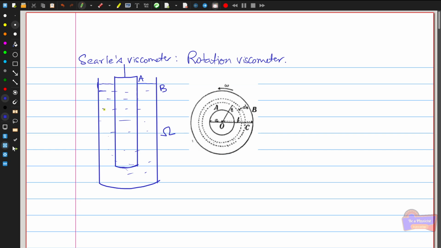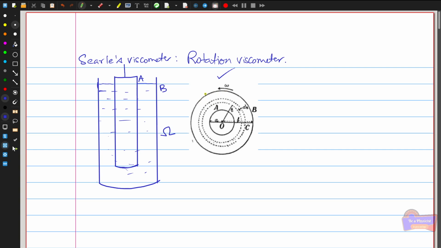Suppose you consider a small slice of the cylinder, as shown in this figure. This is the outer cylinder, and this one is the inner cylinder, with radius A for the inner cylinder and radius B for the outer cylinder, rotating with angular velocity omega.